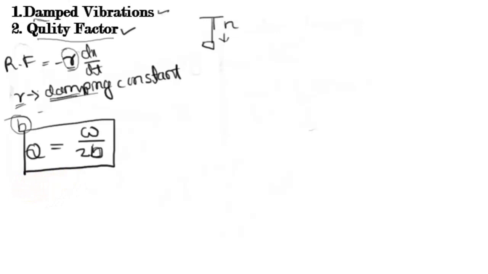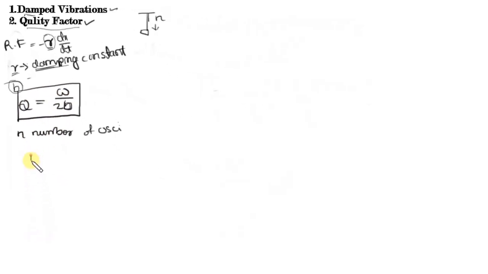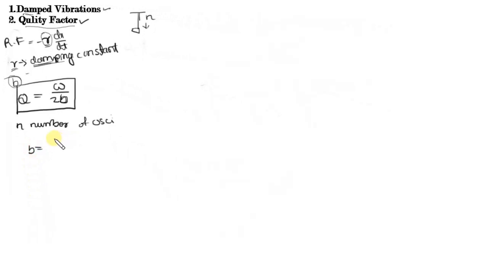Now if n is the number of oscillations, then we can easily write it by rearranging this equation. We can write b equals omega by 2q.